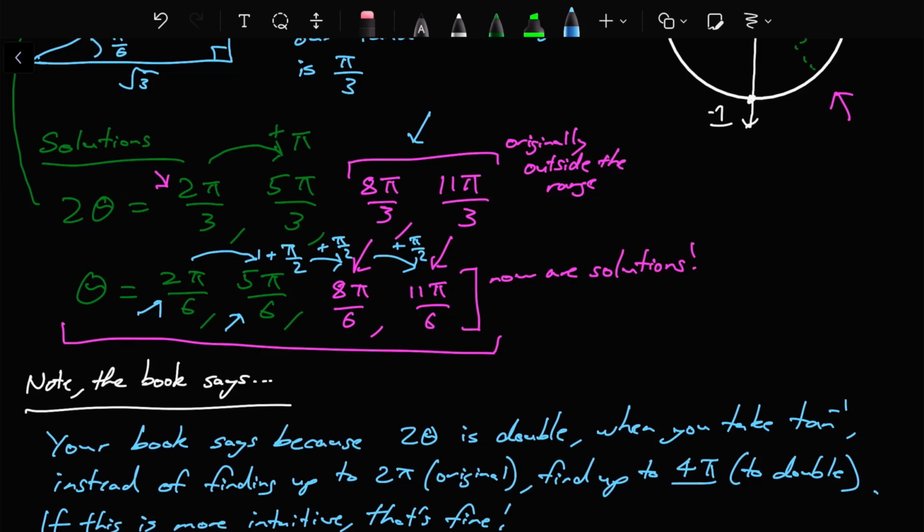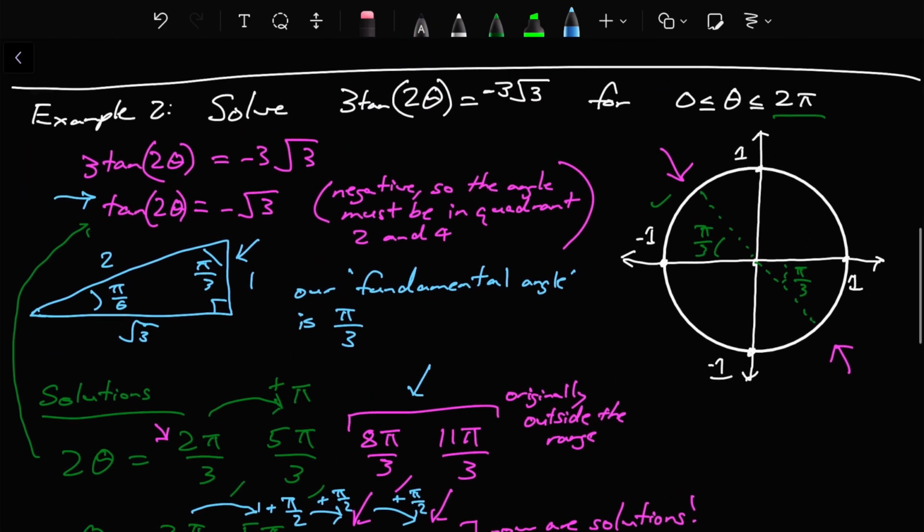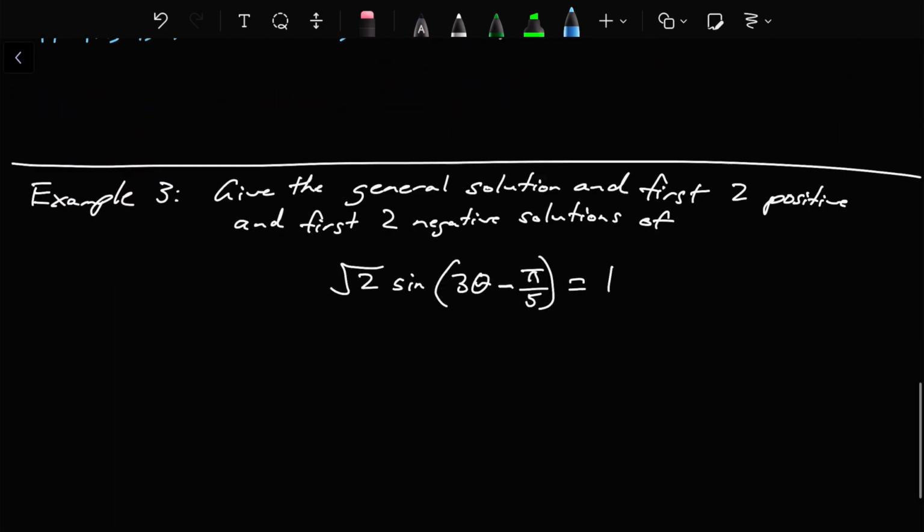And because it's symmetrical, we can keep adding the same interval until the end of our range and we're still fine, okay? That interval of pi on 2 was our original interval divided by 2. But if you find it easier just to double the range and do that, that's fine.